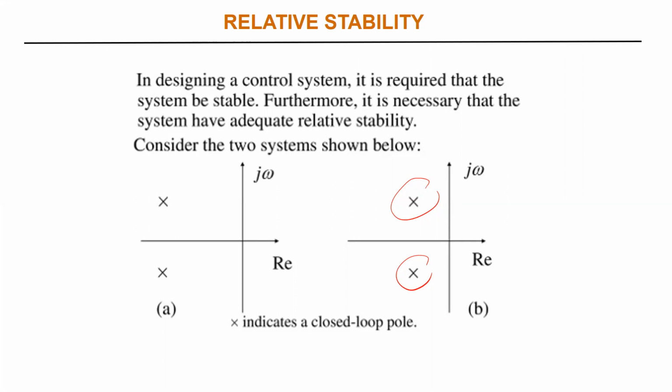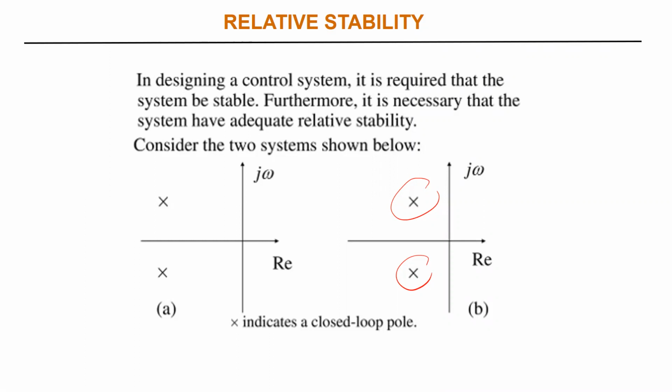There might be a change in the parameters of the system, which might lead the system to become unstable. So that's why, as you said, we are worrying about how far we are from the j omega axis.